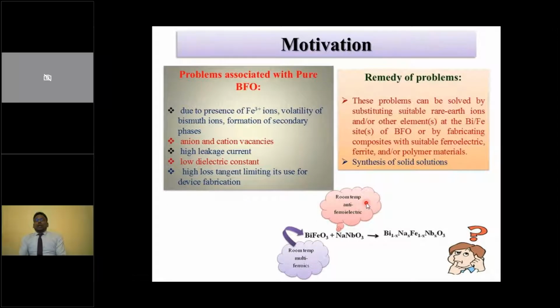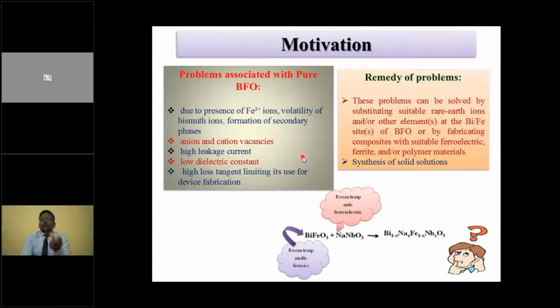Now, till now we know about the basic structure of bismuth ferrite and how it is connected. Now coming to the problems associated with pure bismuth ferrite.